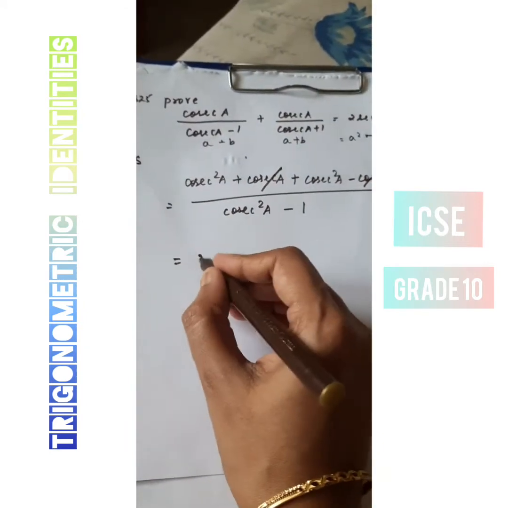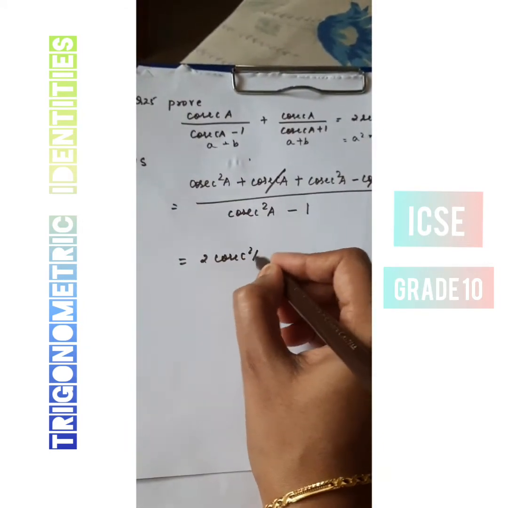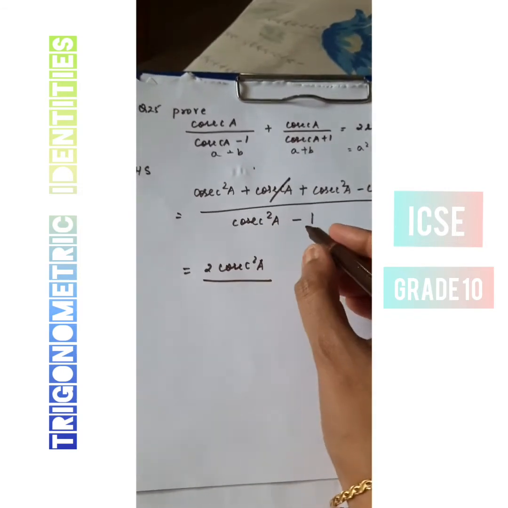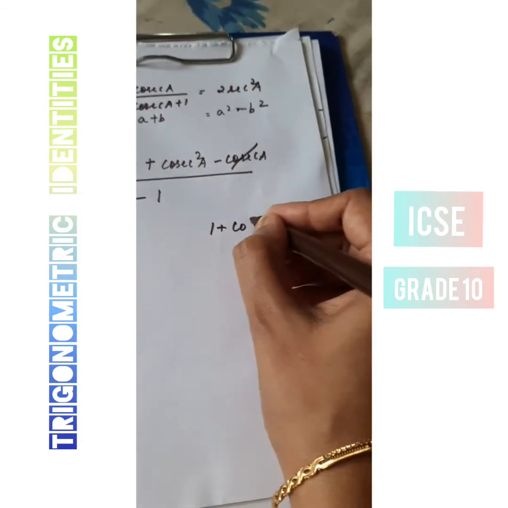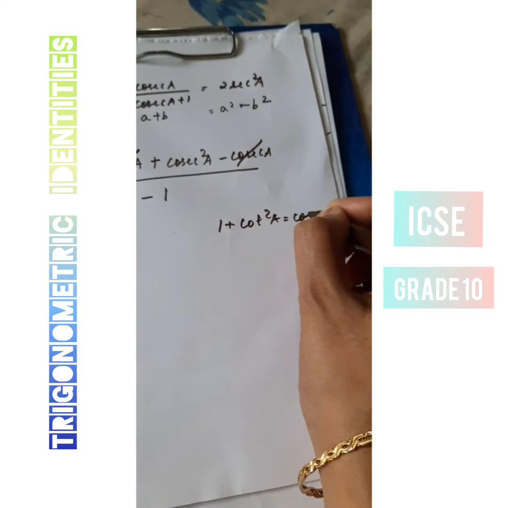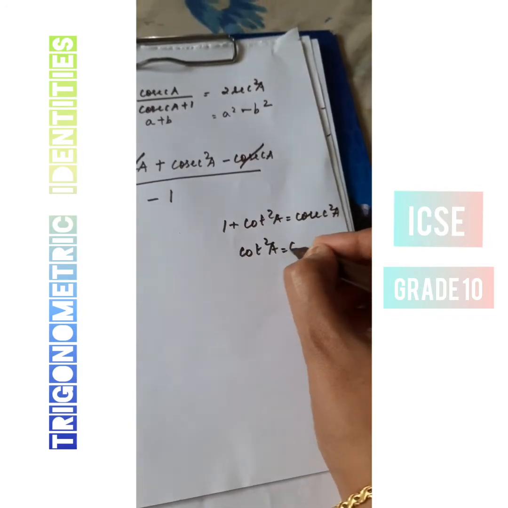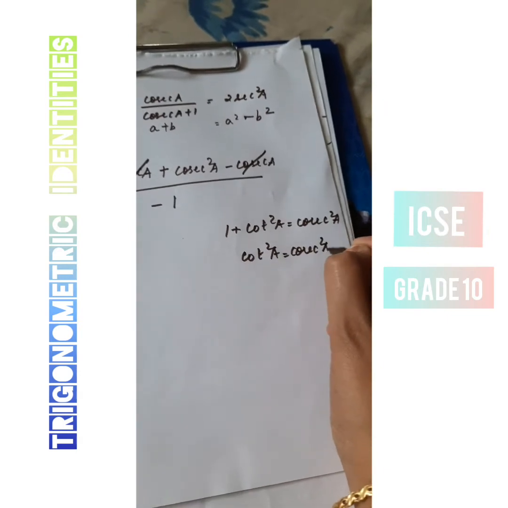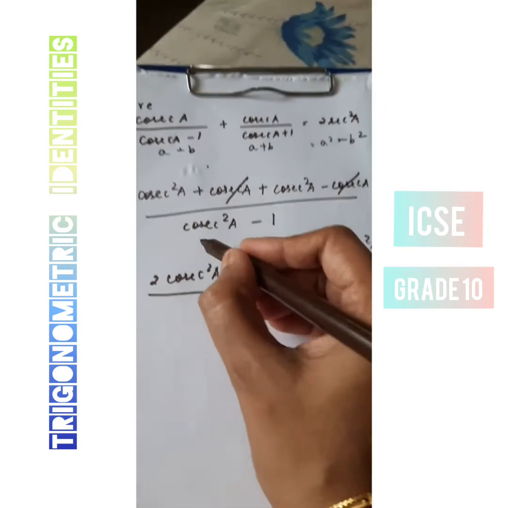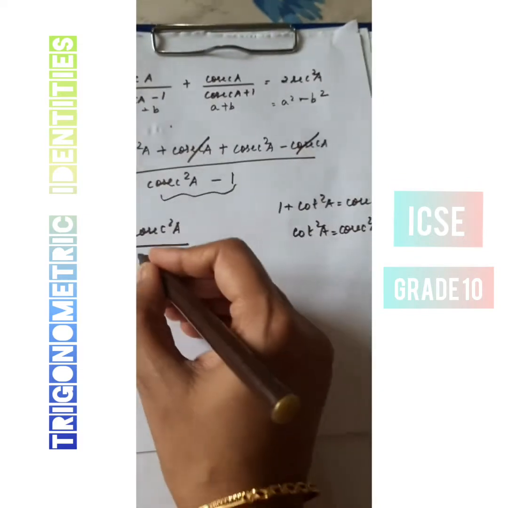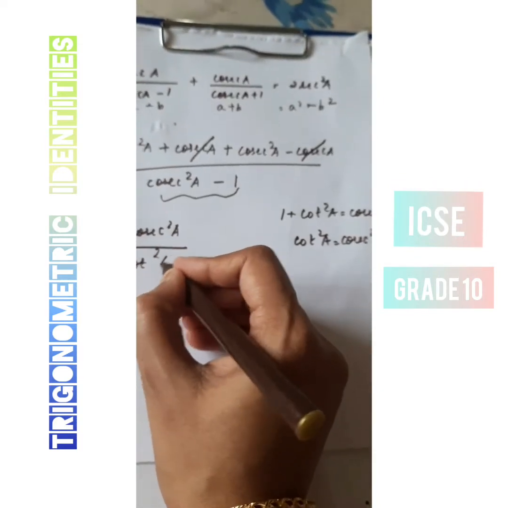So that's going to be 2 cosecant square a divided by cosecant square a minus 1, which can be written as cot square, because 1 plus cot square a equals cosecant square a, which can be rewritten as cosecant square minus 1 is cot square. So the denominator is replaced with cot square a.